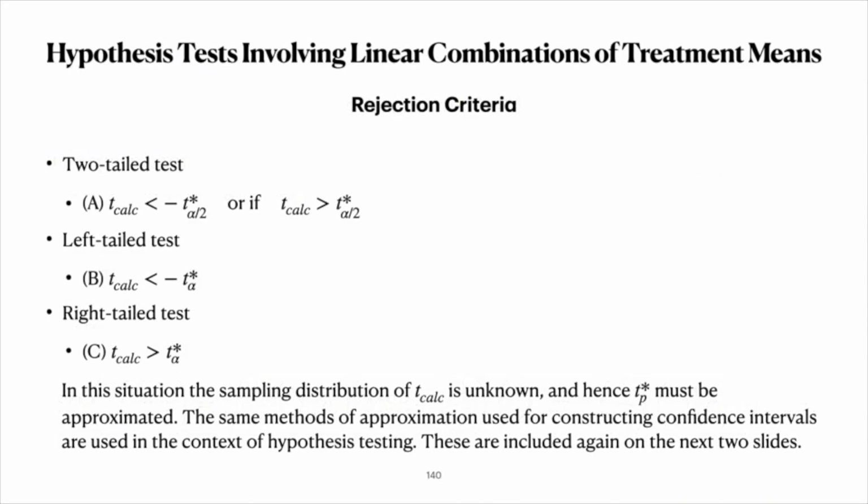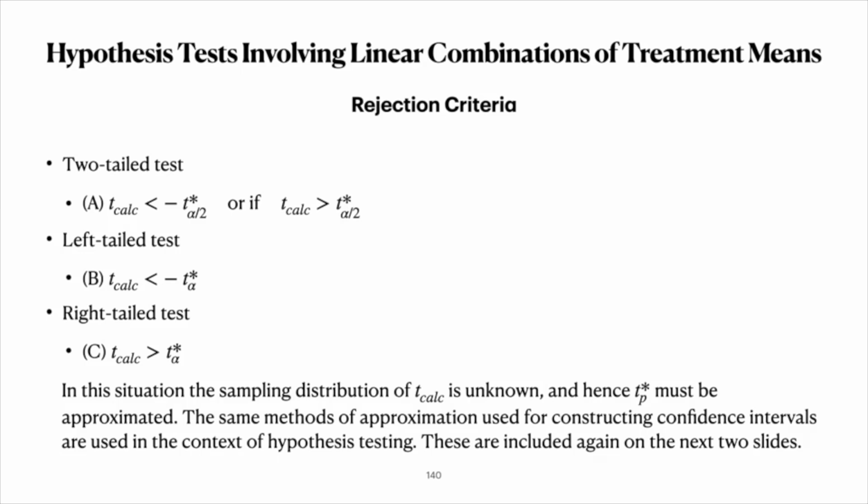So now let's look at the rejection criteria. You'll notice here that the critical points all have a star in the superscript. That is because in this particular situation, where we're testing hypotheses involving non-contrast linear combinations of the treatment means, the sampling distribution of the test statistic t-calc is unknown.